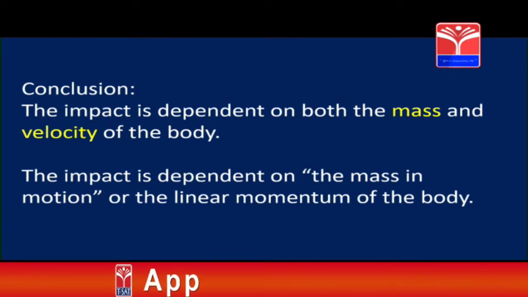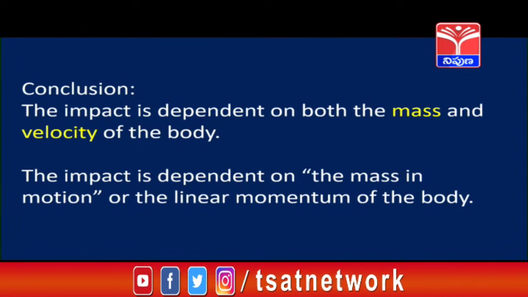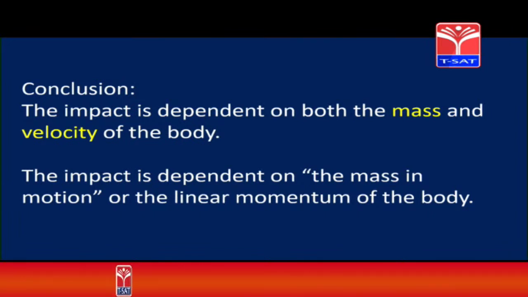We will combine the two and come out with a new physical quantity called the linear momentum of the body. I again repeat, mass is also causing an impact, velocity is also causing an impact.